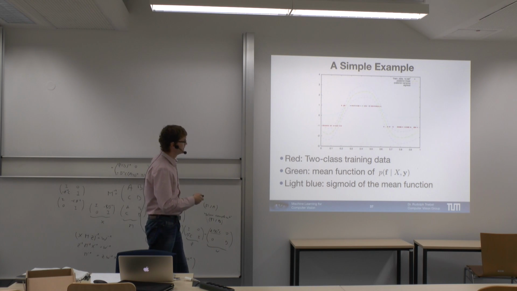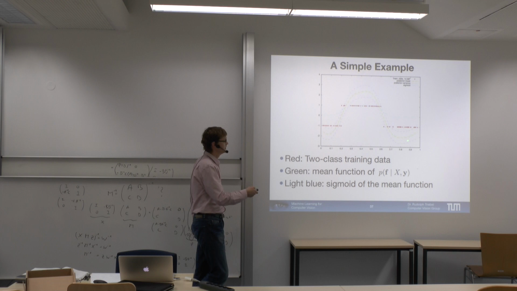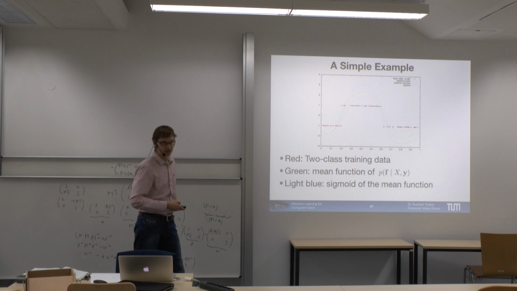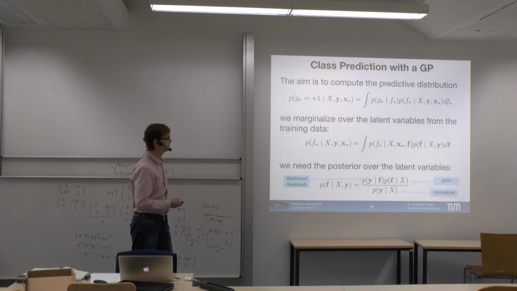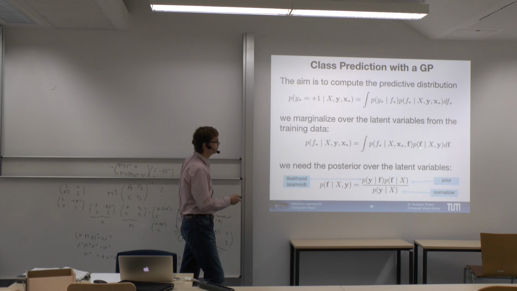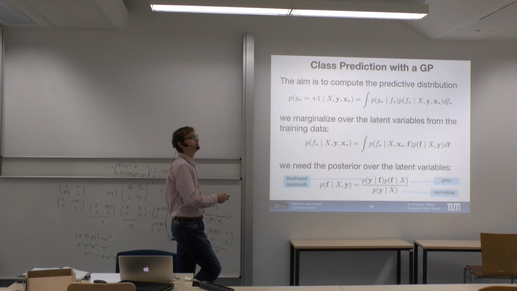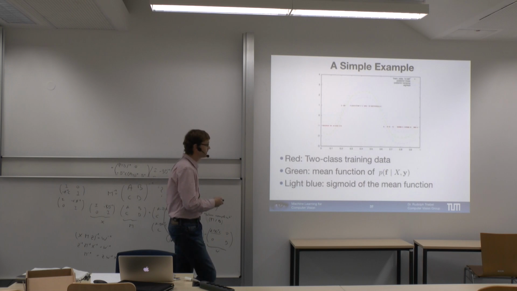And you see that this green function here, this is the most likely latent function. This is the f, right? It's basically the mean function of this distribution here, right? This is a Gaussian again with a mean function and a covariance function, and the mean function is the most likely function of the training data, which is the green function.